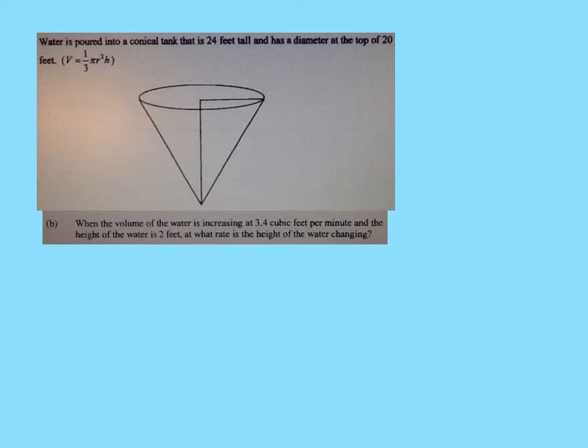So let's take that formula that we just had, 25 pi over 432 h cubed. Let's find the derivative with respect to time. So this becomes dV/dt.